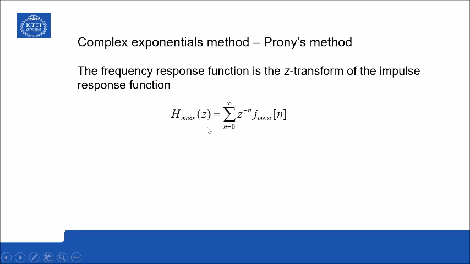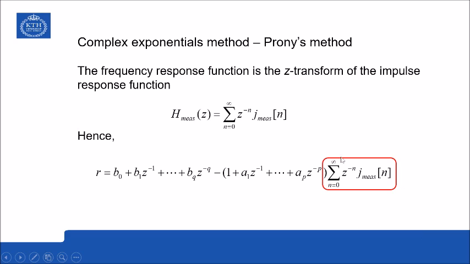That is, the measured frequency response function is coupled to the impulse response sequence in this way, via the Z transform. So that means that we can replace the measured frequency response function with the Z transform of the impulse response function, the filter's impulse response function.